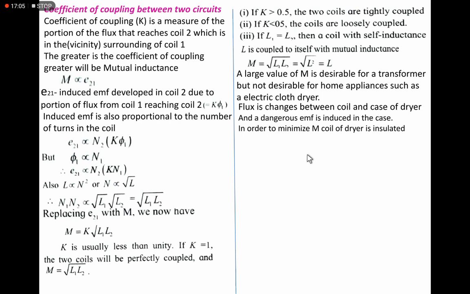Why is this? Flux changes between the coil and the case of the dryer. The coil and the case are two different parts of the dryer. If there is mutual inductance, suppose the coil is the primary and the case of the dryer is the secondary.